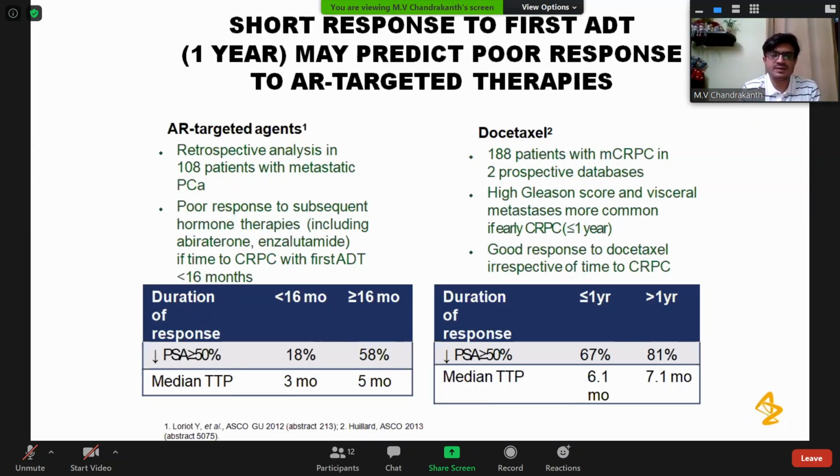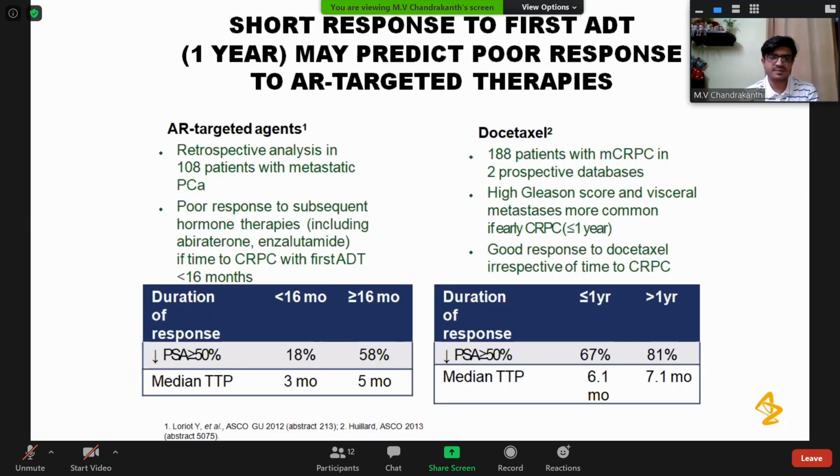So we all know that metastatic prostate cancer basically is sensitive to hormone deprivation or androgen deprivation. So mind you, if the androgen deprivation duration is less than 1 year, that means the androgen sensitivity is less. So supposing we have a metastatic prostate cancer and we have started androgen deprivation therapy either by bilateral orchidectomy or by medical castration.